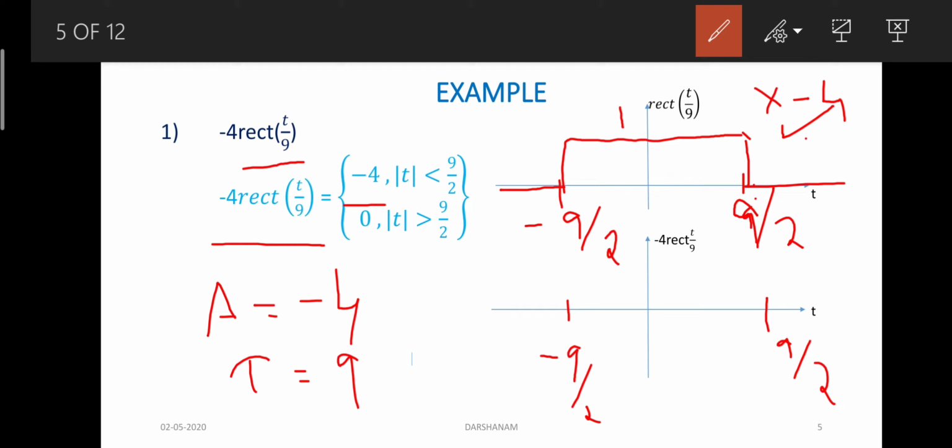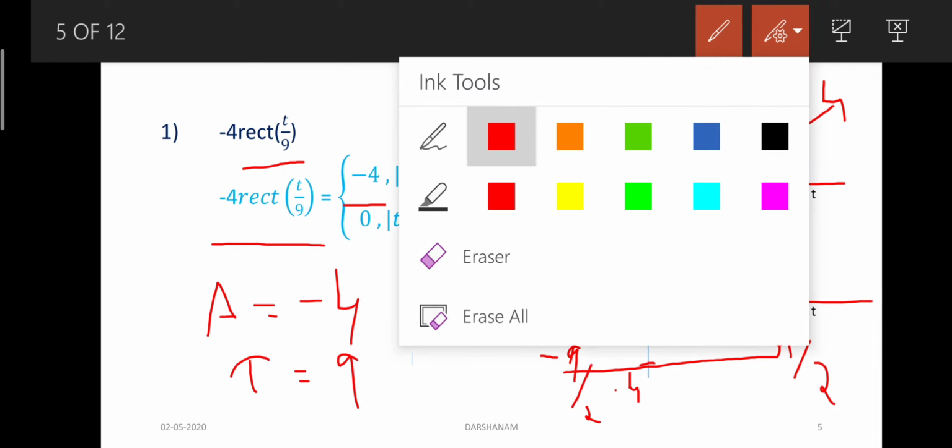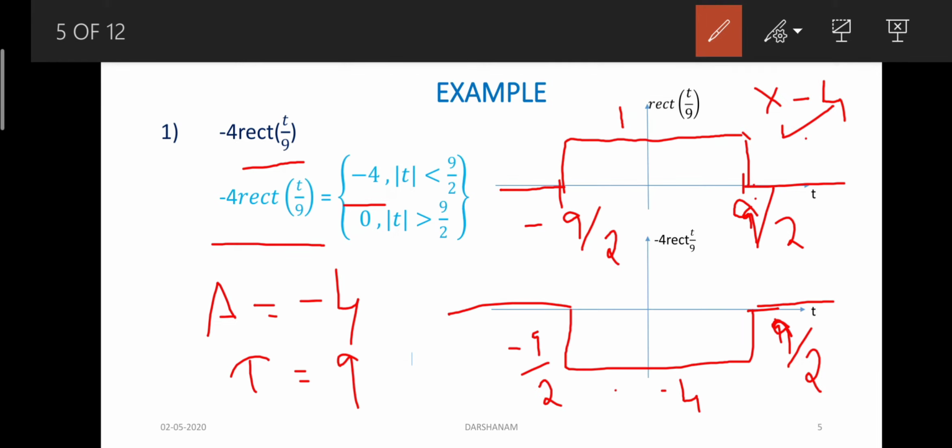So 1 times minus 4 is minus 4. Let here be minus 4. Between these values, the value is minus 4, and outside this limit the value is 0. So the waveform will look like this. Clear?